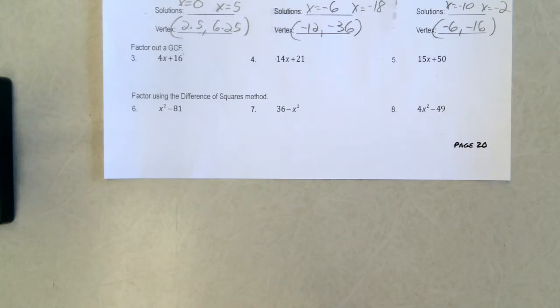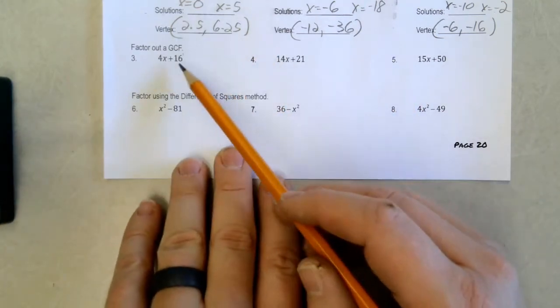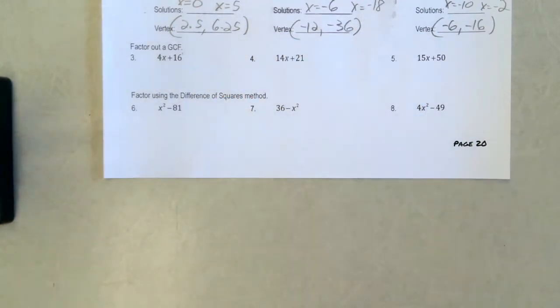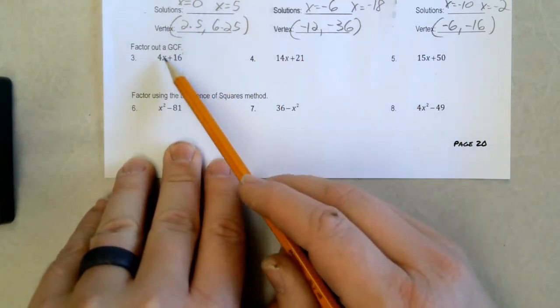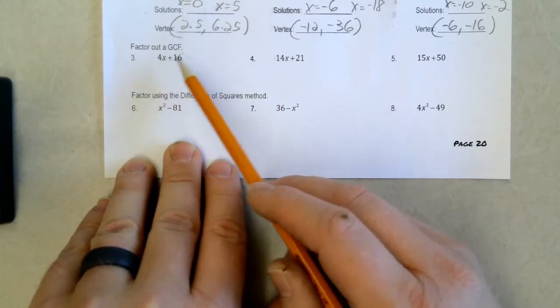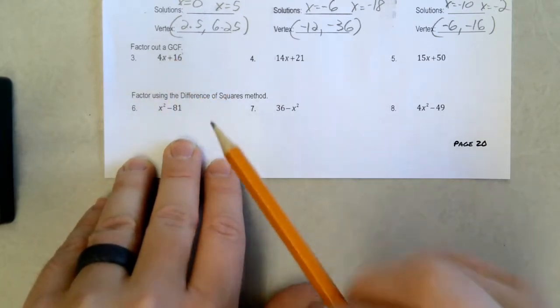It's basically once we find the greatest common factor, we are dividing out and taking that out of each one. So like 4x and 16, what's the greatest common factor between both? I love to think of factoring out a GCF as reverse distributive property. So here we go. 4x plus 16, there is not an x in both of them, so we cannot factor out an x.